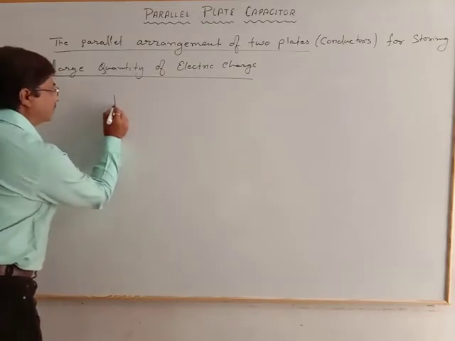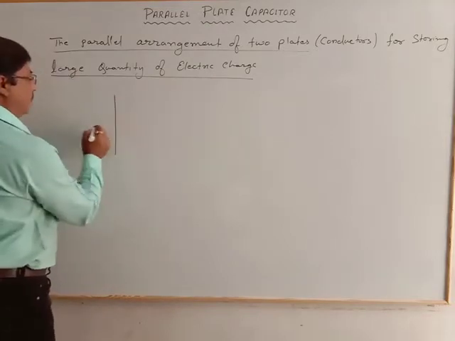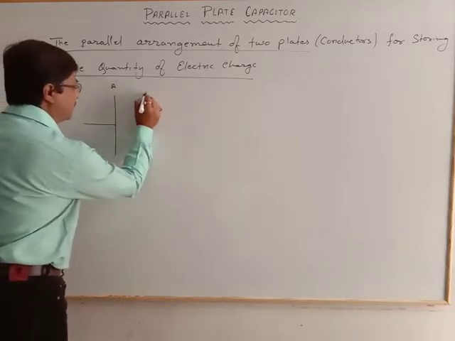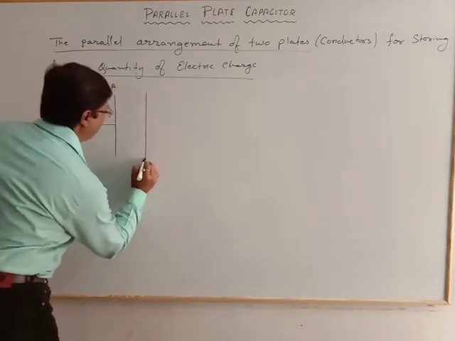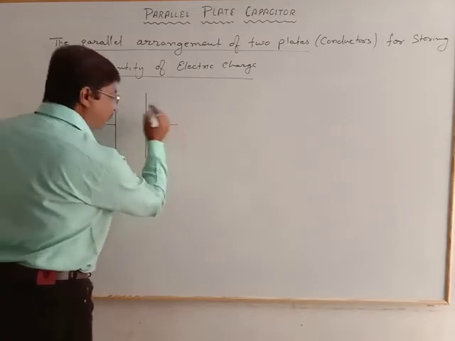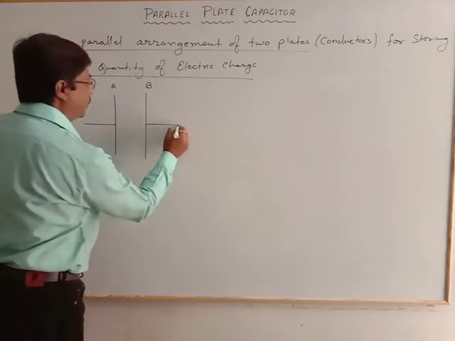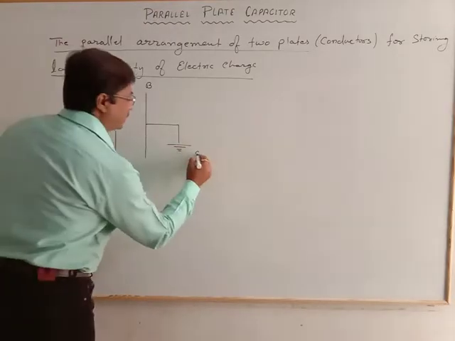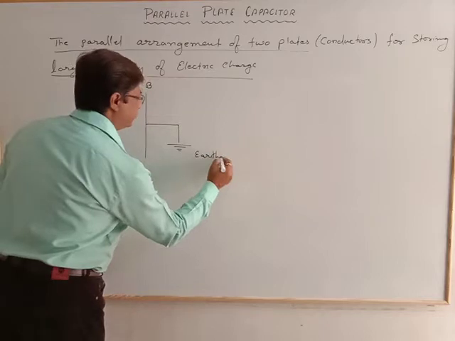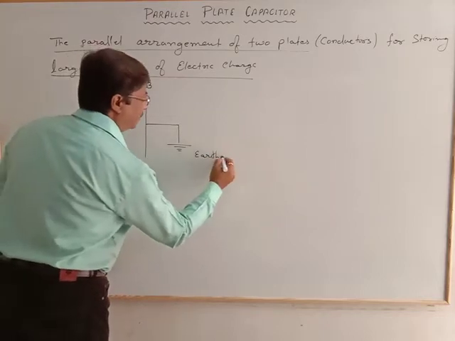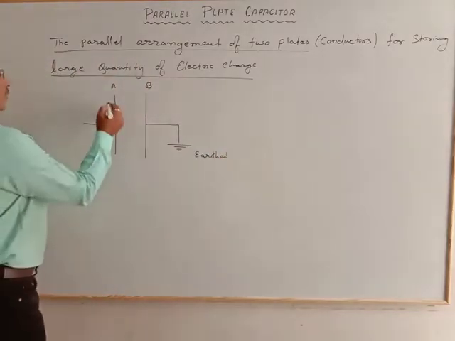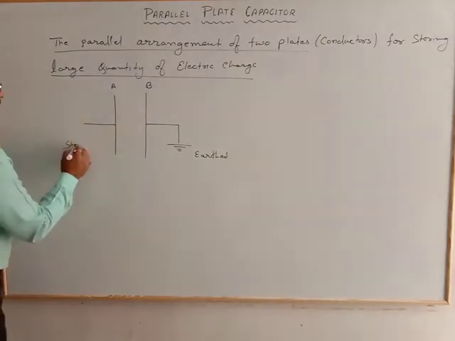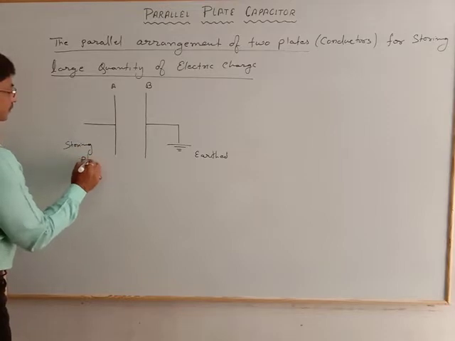Let's suppose one plate is plate A, and just near it is another parallel plate, the supporting plate, plate B, which is earthed. Plate A is the storing plate.